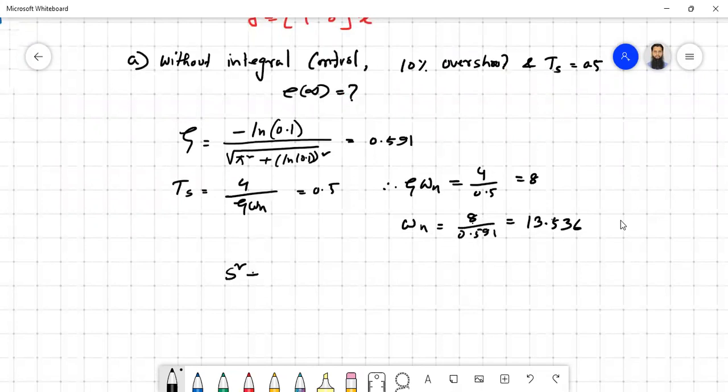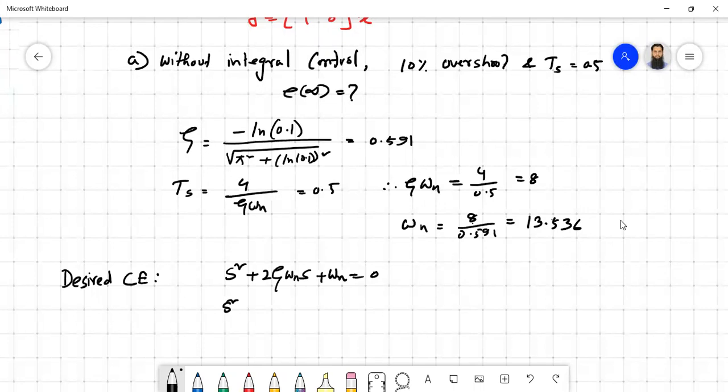So now based on these values, we can easily find out our desired characteristic equation: s square plus twice zeta omega n s plus omega n square equal to 0. We already know all the required values.